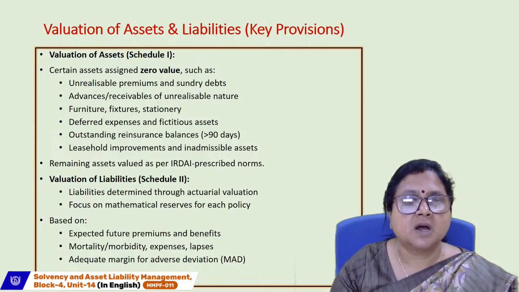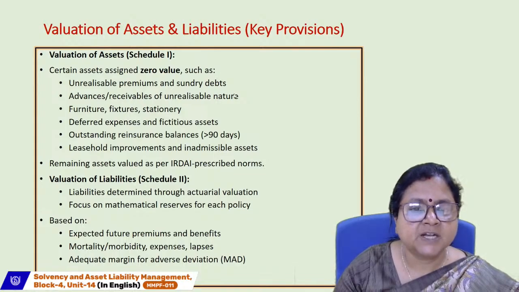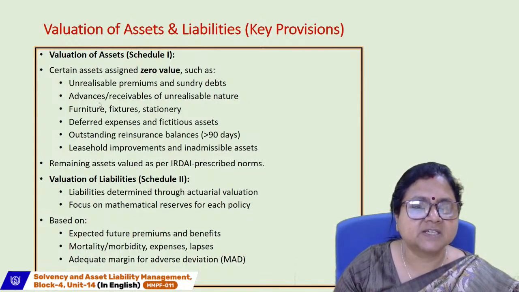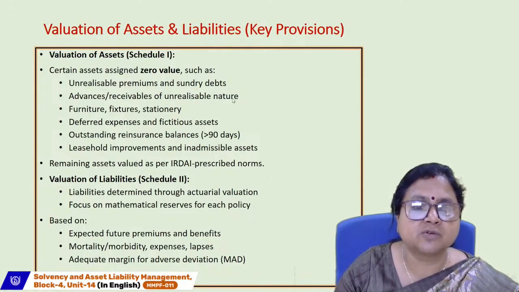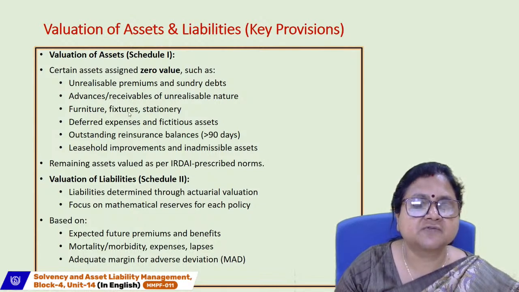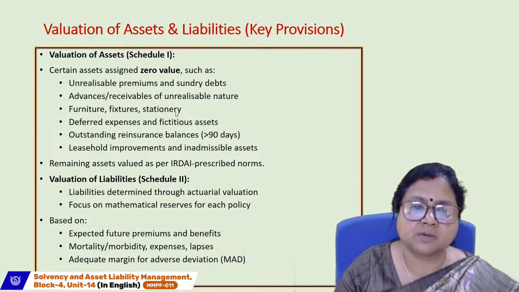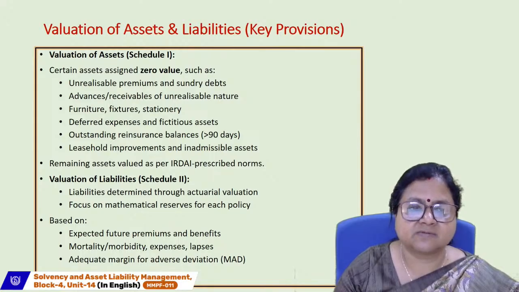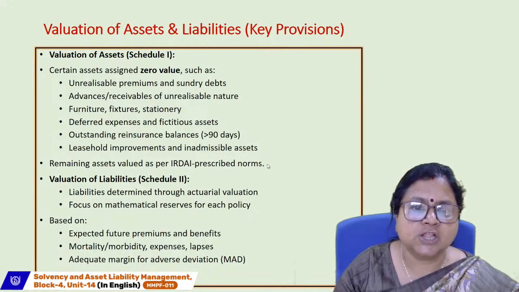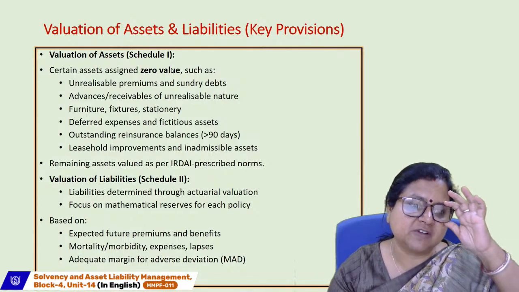Sundry debts, advances or receivables of an unrealizable nature are not going to be realized in future. Furniture, pictures and stationery also do not come under asset valuation. Deferred expenses and fictitious assets, outstanding reinsurance balances, leasehold improvements and inadmissible assets are all assigned zero value as per the valuation of assets.